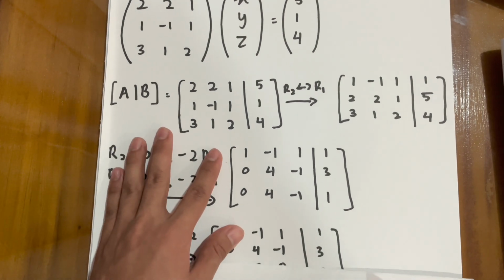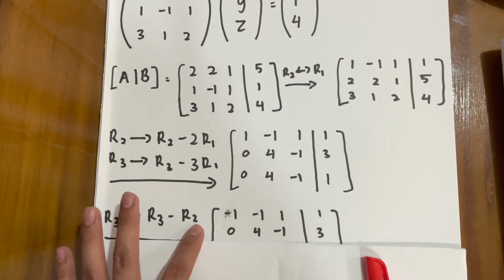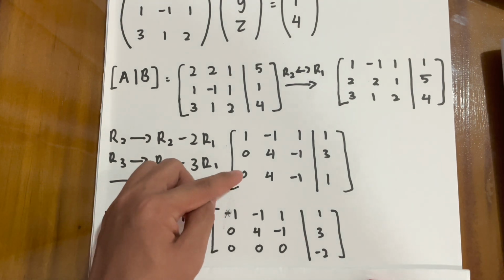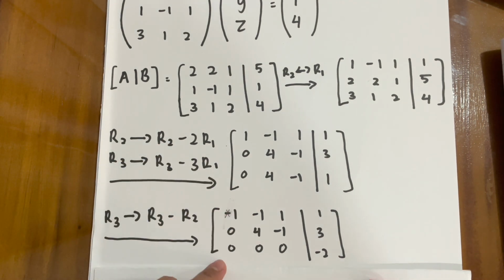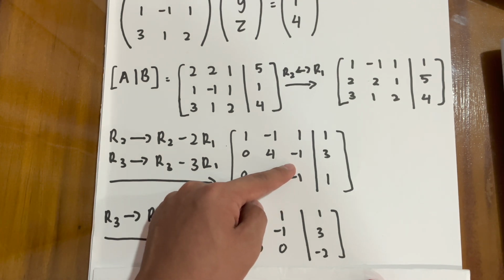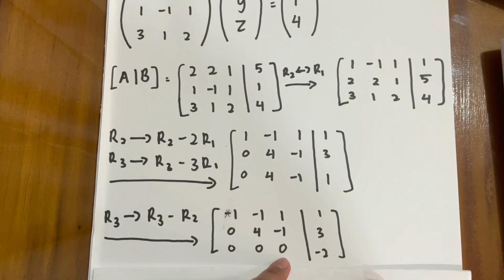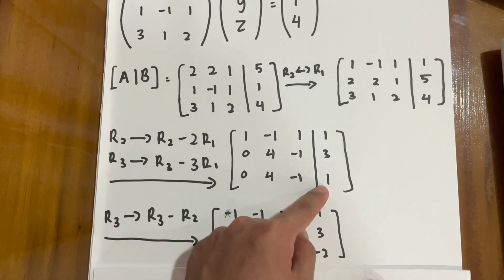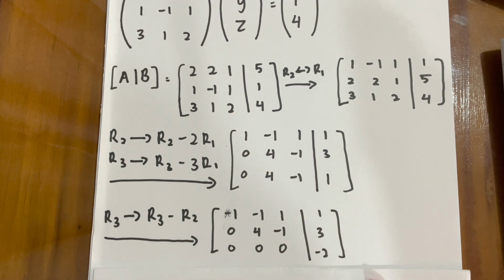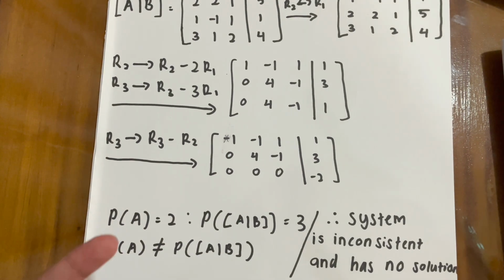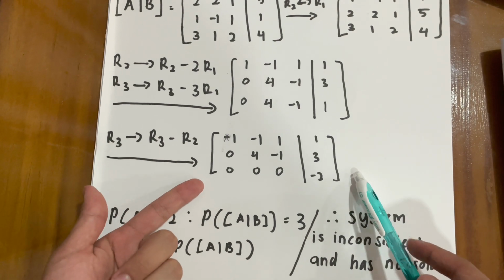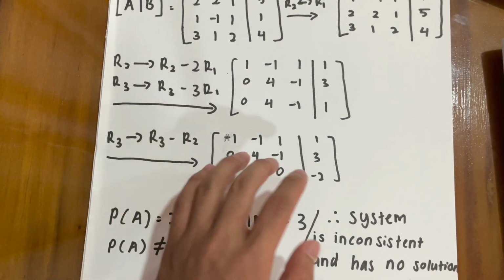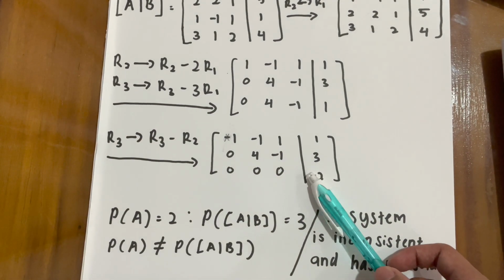By row 3 minus row 2, because 0 minus 0 is 0, 4 minus 4 is 0, and negative 1 minus negative 1 is also 0, and 1 minus 3 is negative 2. Okay, now it has shown that this is the echelon form that we want to find.